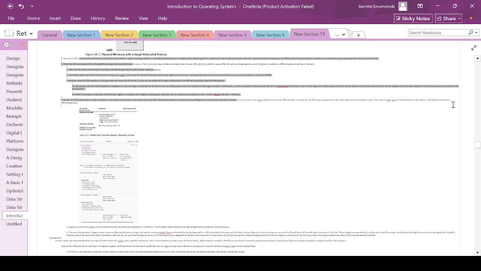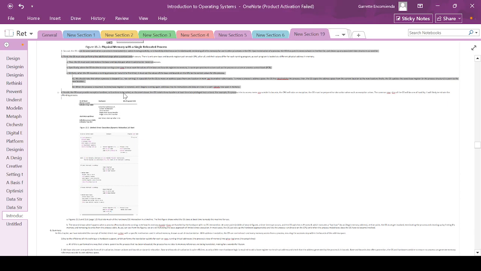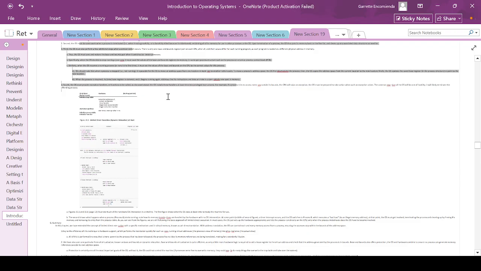Finally, the OS updates the saved base register in the process structure to point to the new location. When the process is resumed, its new base register is restored and it begins running again, oblivious that its instructions and data are now in a completely new spot in memory.